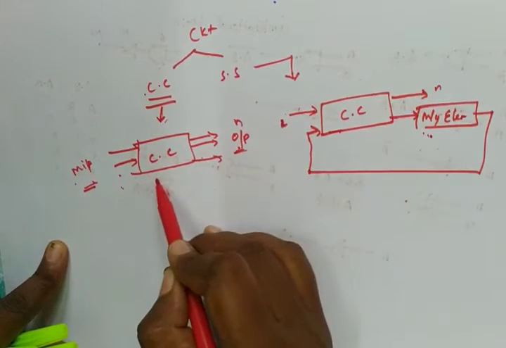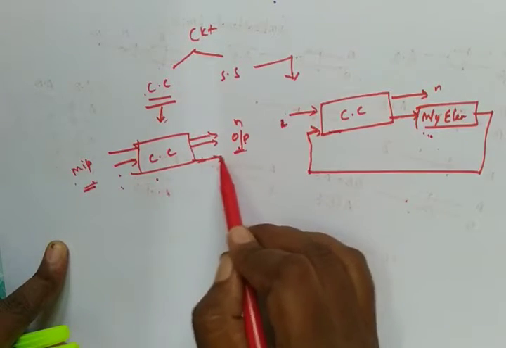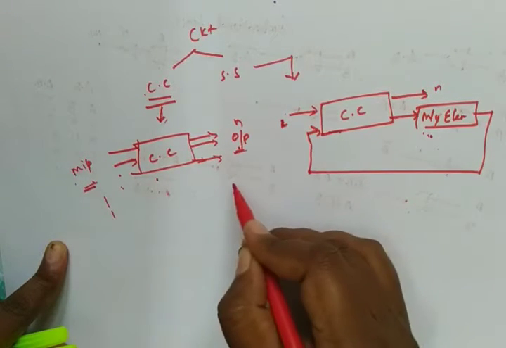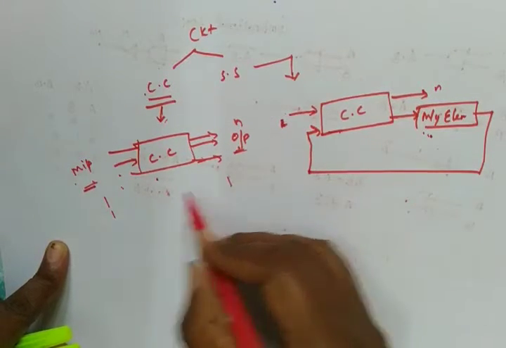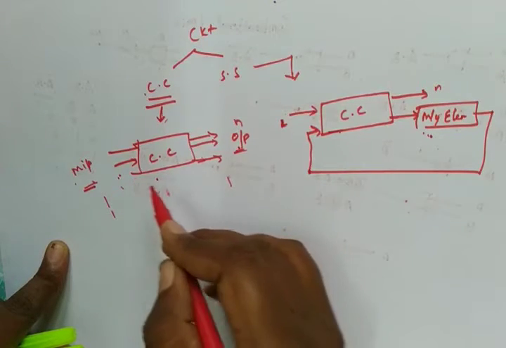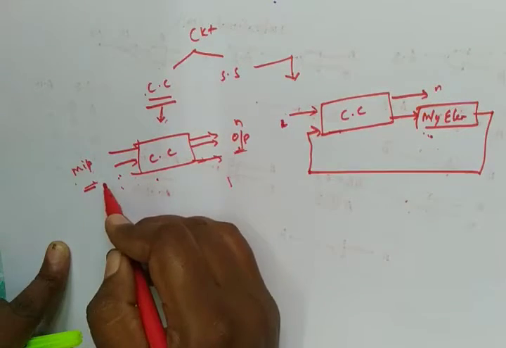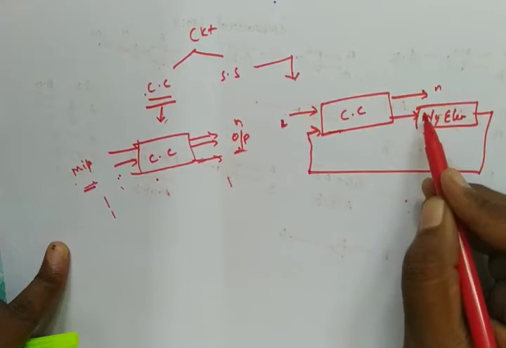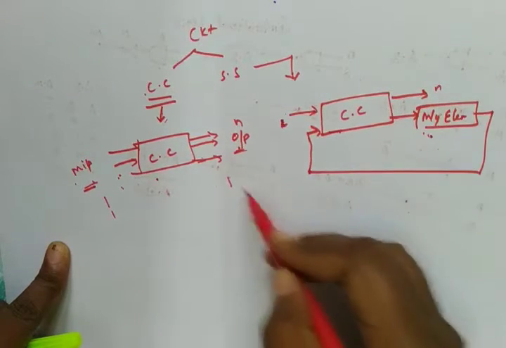Whereas a combinational circuit does not require any memory element, because if you give 1 plus 1, then it produces output as 1. So it does not require any memory element because it is not going to consider the past history. But in a sequential circuit, the output depends on the present as well as the past history.